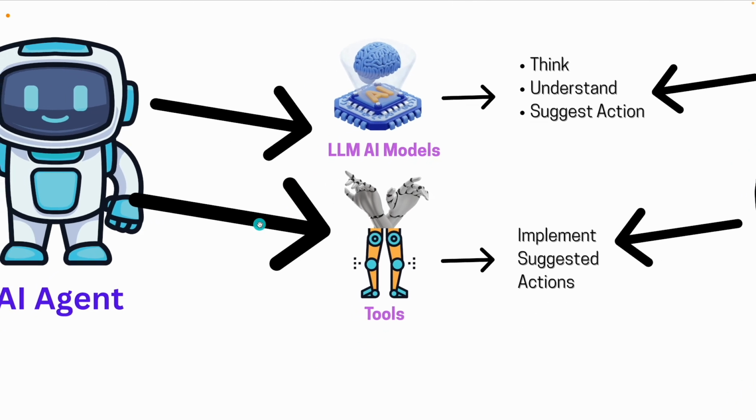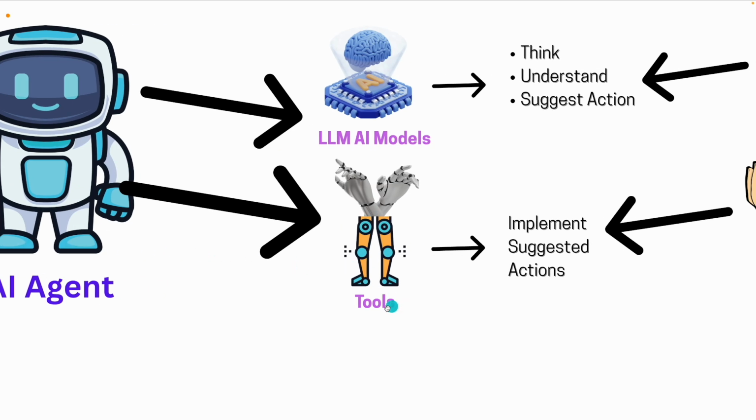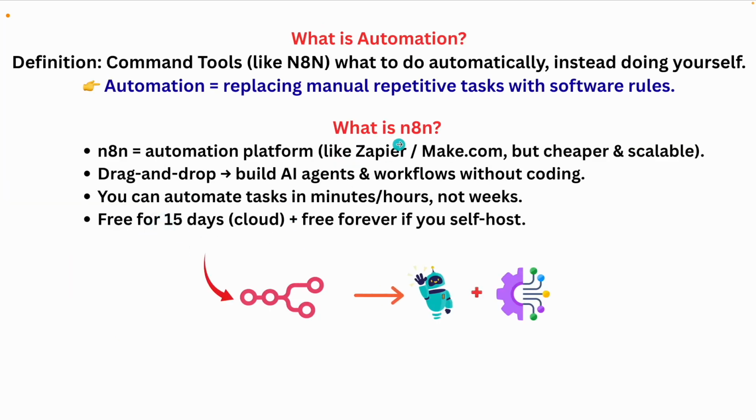The second thing in an AI agent is this: the robot also has hands and legs, which you can assume as tools. For example, n8n is an automation tool.